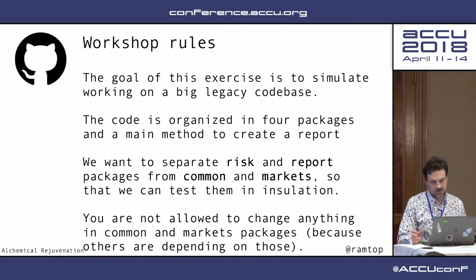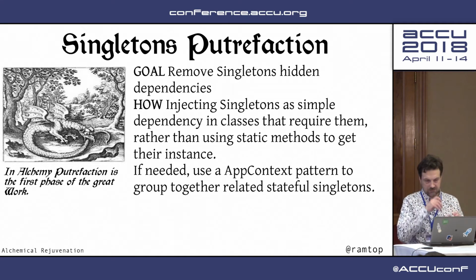And these are just the rules. I call the techniques with some fancy names from alchemy. The first part of the alchemy is called putrefaction, dragon putrefaction, something like that, which I don't know what it was, to be honest. I never did alchemy. But the idea here is to destroy singletons.